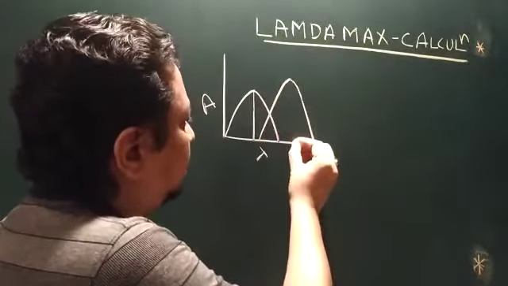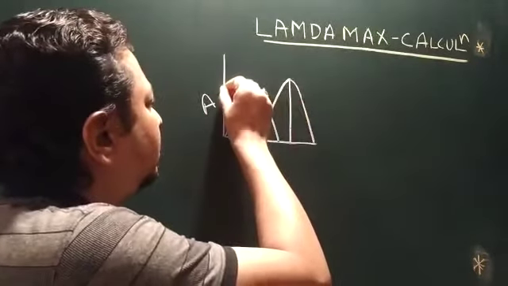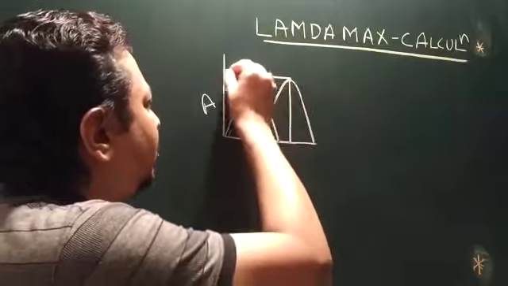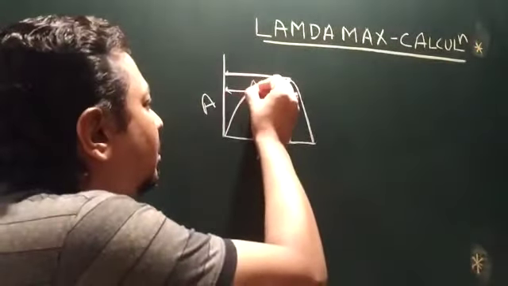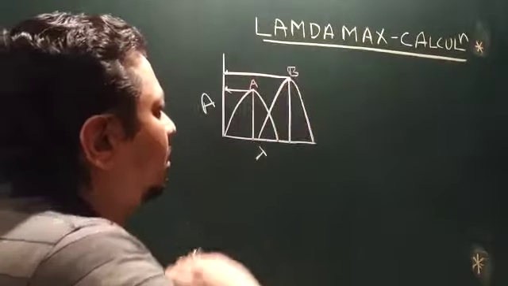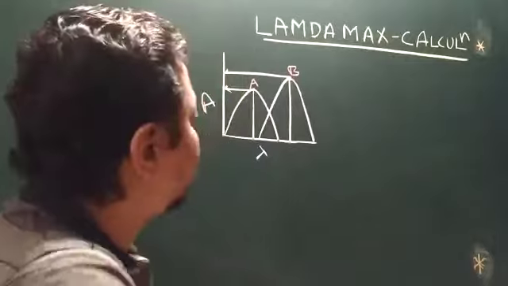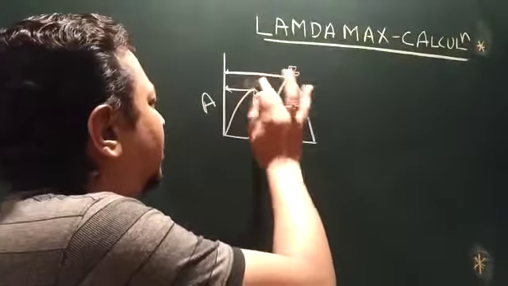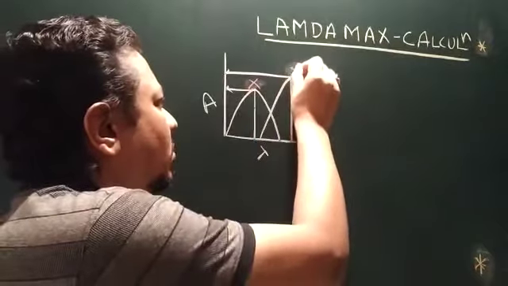These are two different lambda max values. This is the lambda max for compound A and this is for compound B, or in that case we can also call them X and Y. That is better because I will be using the terms X and Y.